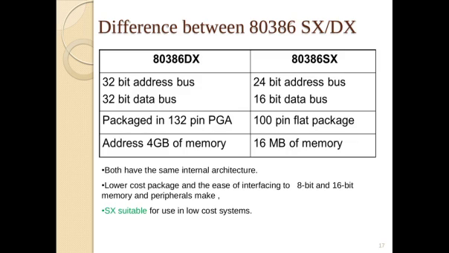The 386DX version is packaged in a 132 pin PGA, an integrated circuit containing 132 pins. In 386SX we have a 100 pin flat package. In 386DX 4 GB of memory can be addressed, whereas in the SX version 16 MB of memory is accessible.